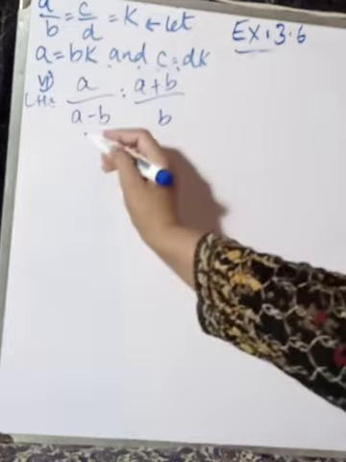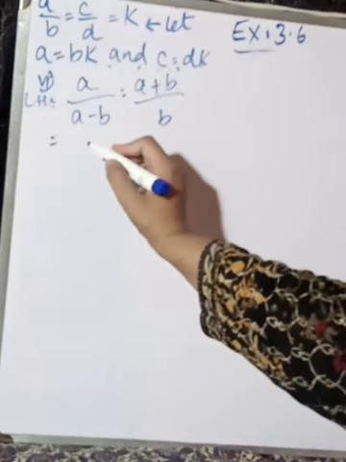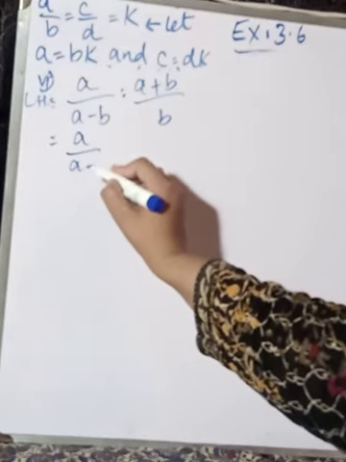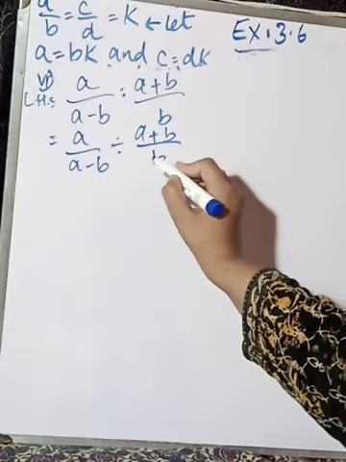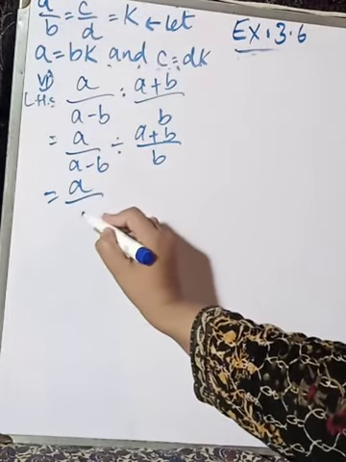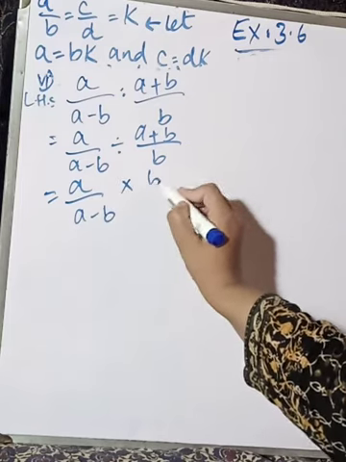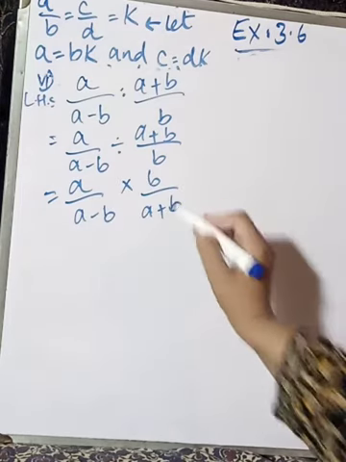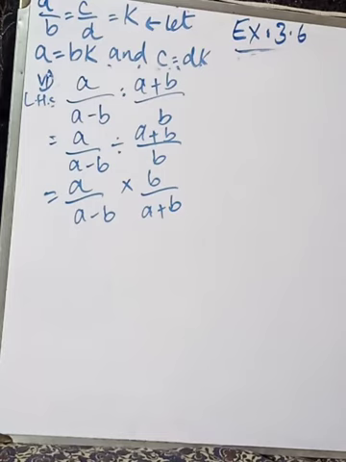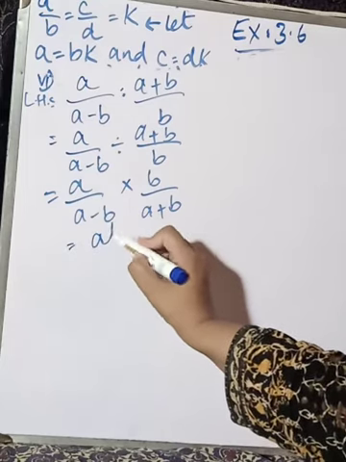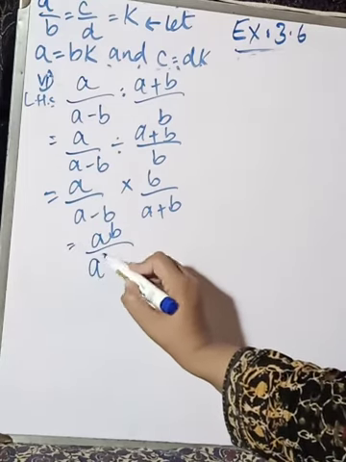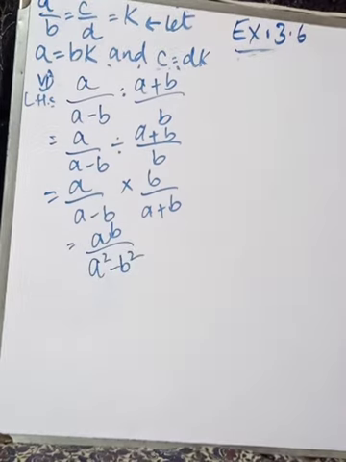First of all what we are going to do, we are going to convert it and write it in the form of a division. So divided by a plus b divided by b. When you convert it in the form of a multiplication, it would be b divided by a plus b. Alright, so when we solve it, we can write it like this, that it is ab divided by a square minus b square. This is the simplified form of left hand side.